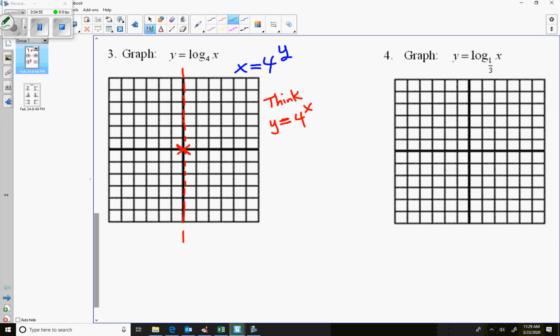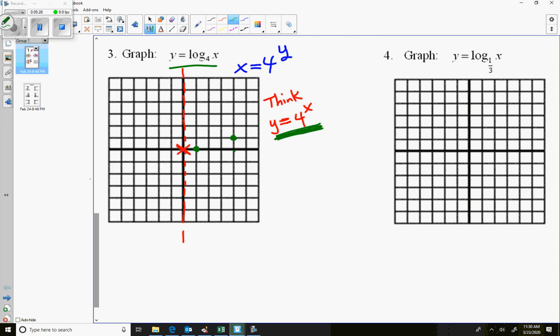Whereas my exponential graph would go through the point 0, 1, my log graph will go through the point 1, 0. Once again, my exponential graph goes through the point 1, 4. So that means the log graph, switch x and y, would go through the point 4, 1, counting from the x.